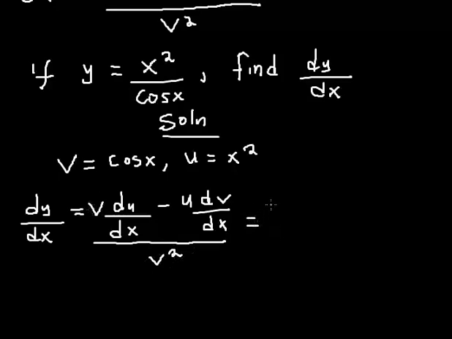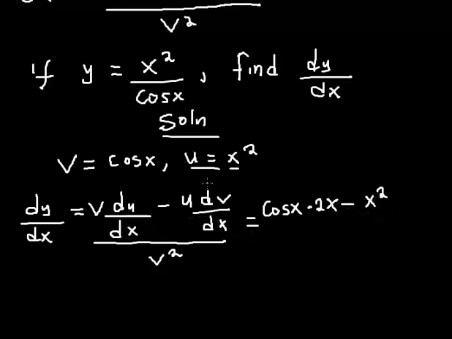What's my v? cos x. So what's the derivative of u? If I differentiate x squared, of course, you know what I will have? I have 2x. Then minus. What's my u? My u is x squared.